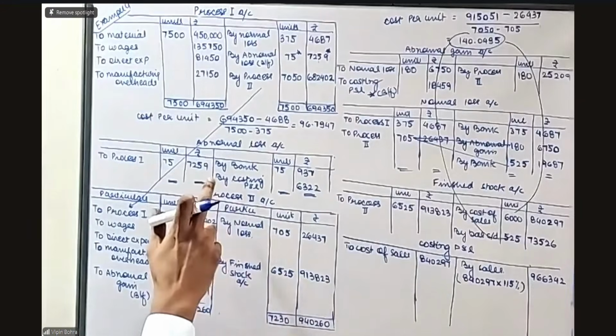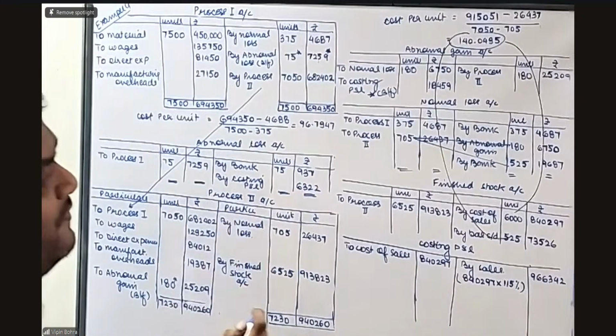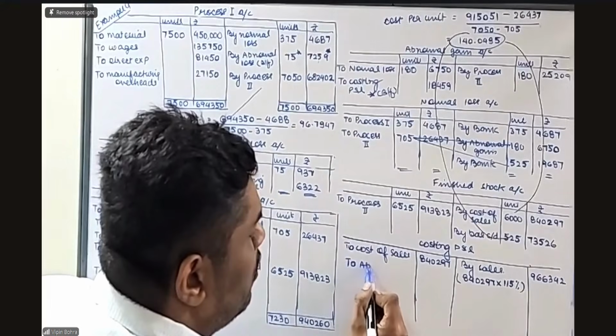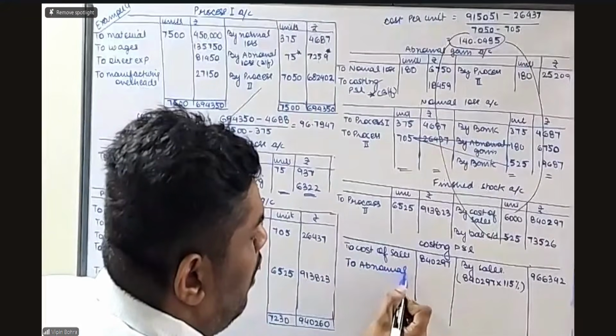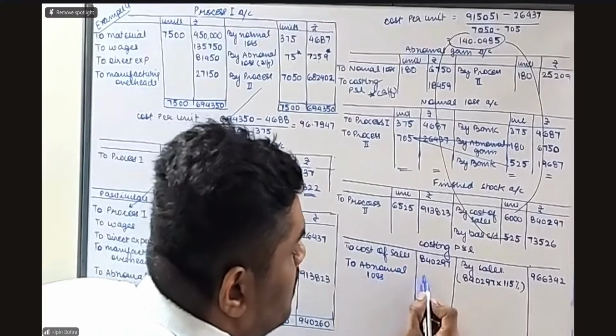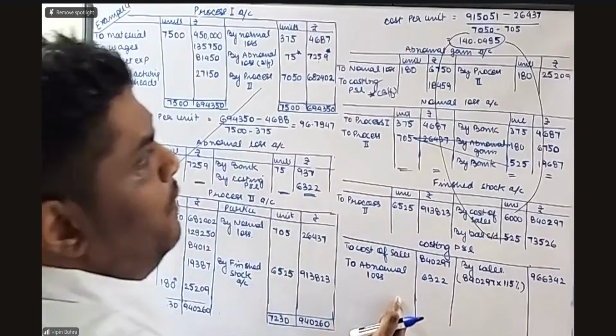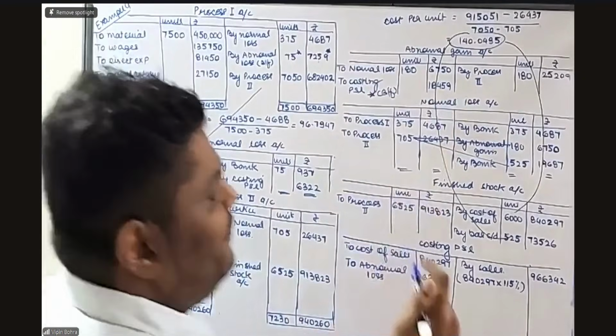Now see, here abnormal loss, the amount transferred to costing P&L is 6322. So abnormal loss comes from here. And abnormal gain, see, it is 18,459.